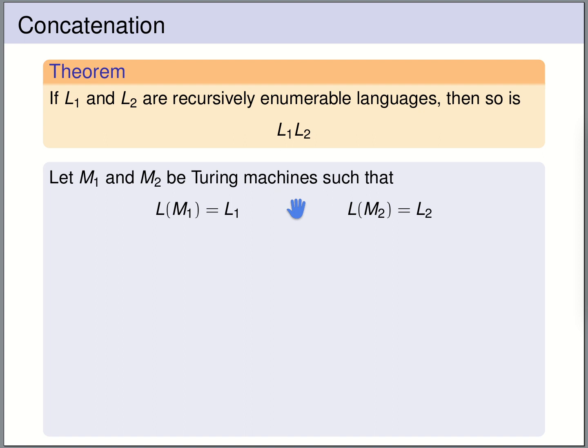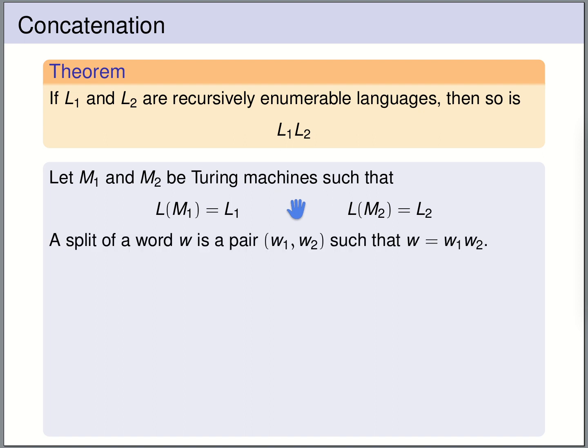First, we need some auxiliary definition. We say that a split of a word W is a pair W1, W2, such that the word W is the concatenation of W1 and W2.